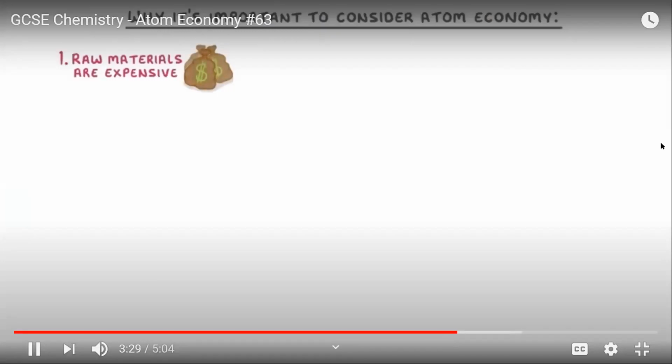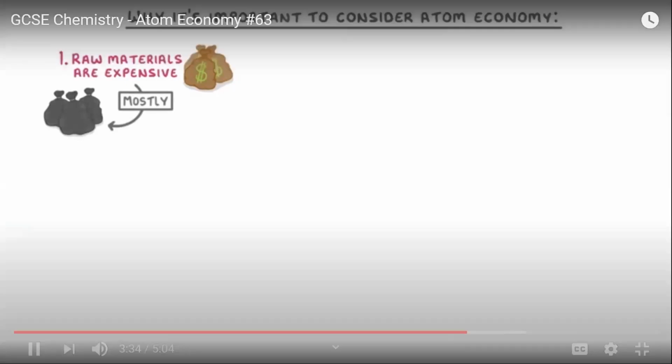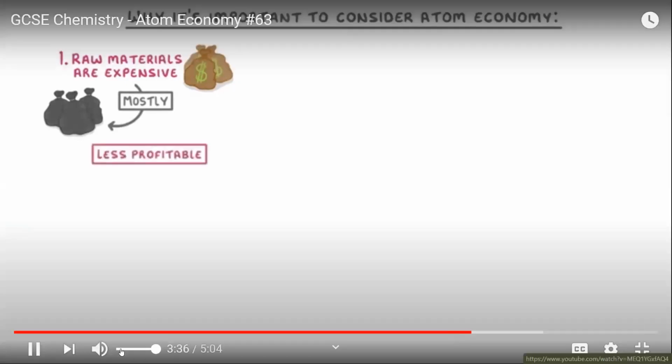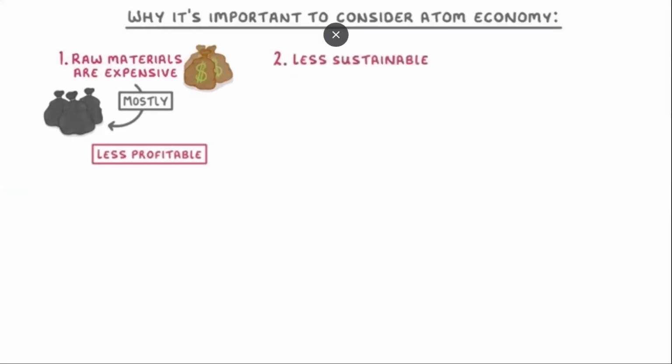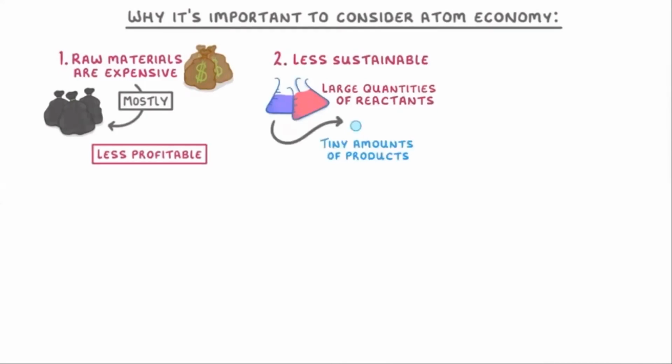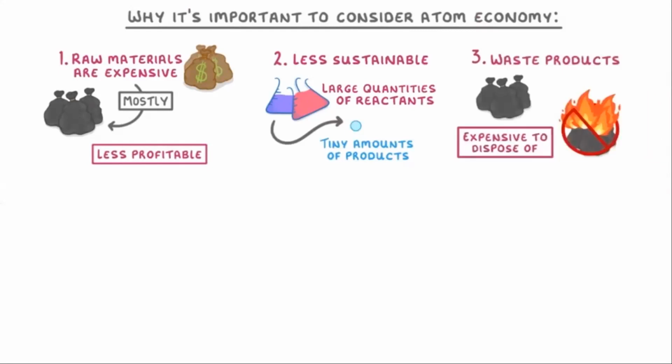And so if they're mostly being converted into waste products, the process is generally going to be less profitable. Reason two is that it's less sustainable to use large quantities of reactants to make tiny amounts of products. And three, waste products themselves can be expensive to get rid of and can damage the environment.